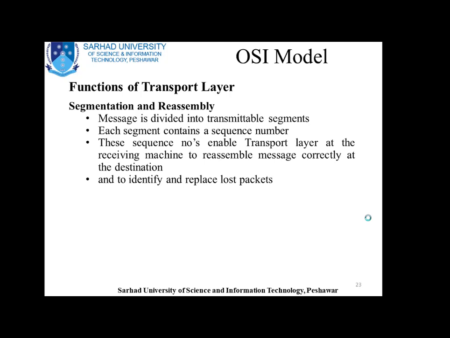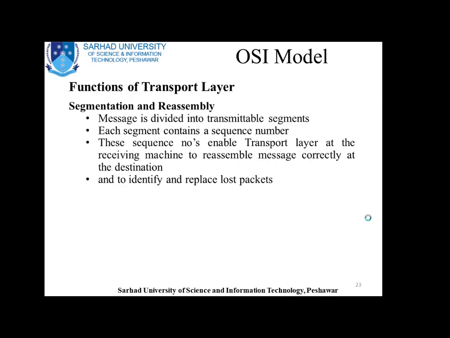The other function of the transport layer is that it segments and reassembles the packet. As you know, the size of the packet matters a lot. If the message size is too high, it is not recommended to transfer it in a single file. It is the same reason that I divided the lecture in two parts, because if one of the packets gets lost, the entire message will be corrupted or lost.